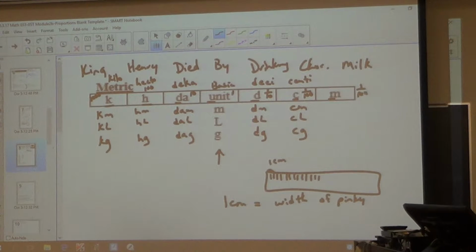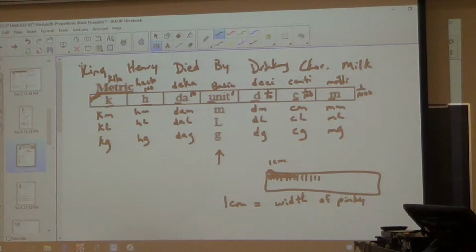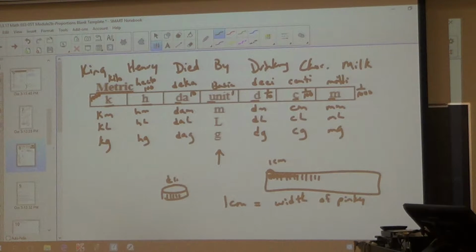1/1000. So this is milli, M-I-L-L-I. Millimeter, milliliter, milligram. A millimeter, if you go in there with those tiny baby lines, that's a millimeter. If this is a dime, that is a millimeter.